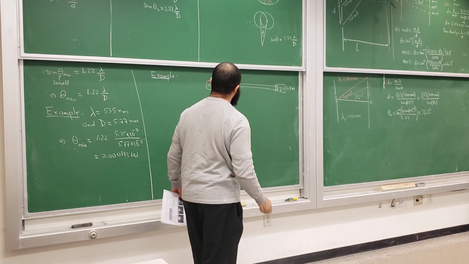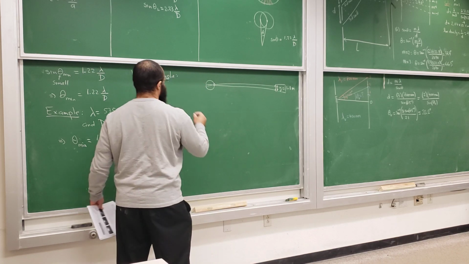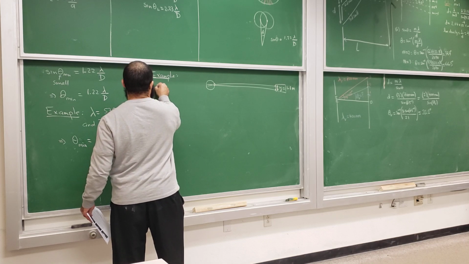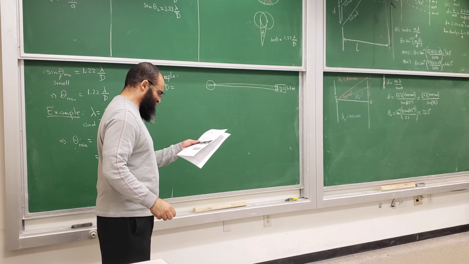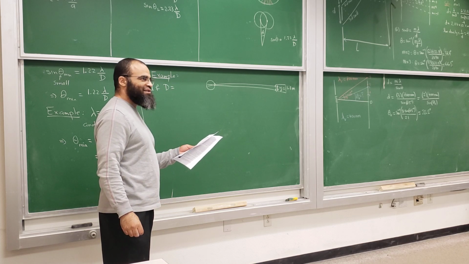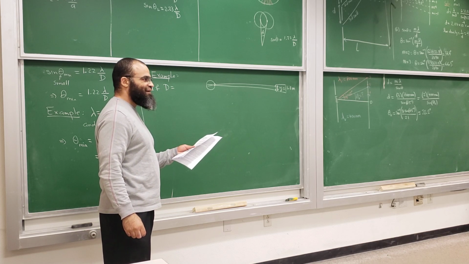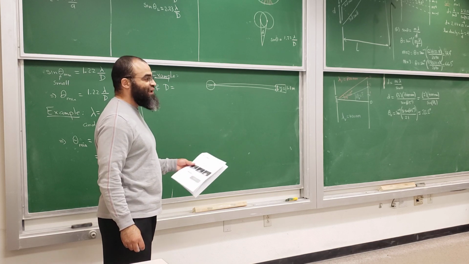And the question is, if your pupil, so d is equal to, what do you think the human pupil is? Obviously it depends whether it's dark or bright, right? It gets dilated. 2 to 4 millimeters, 4 to 8 if they're adults, so I'm just guessing. Good guess. Let's say 5 millimeters.